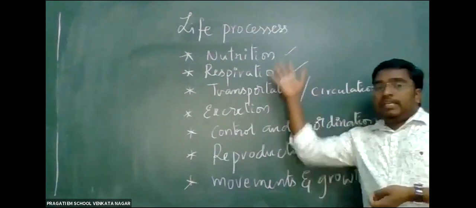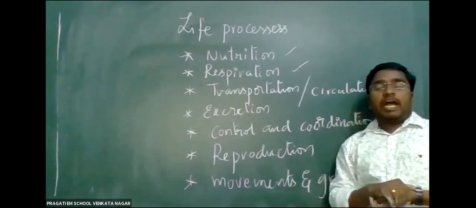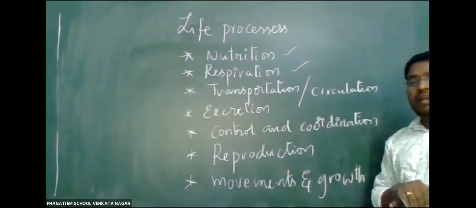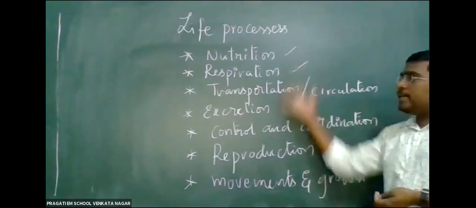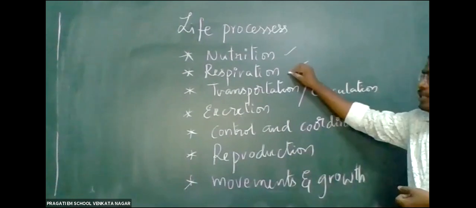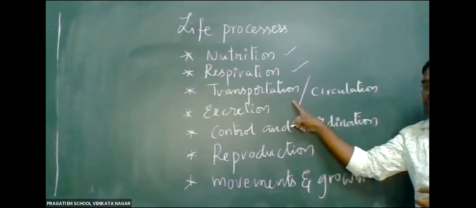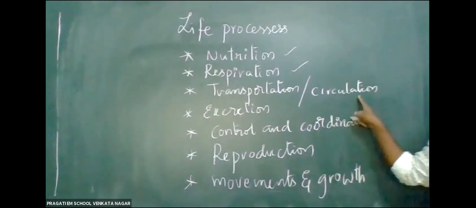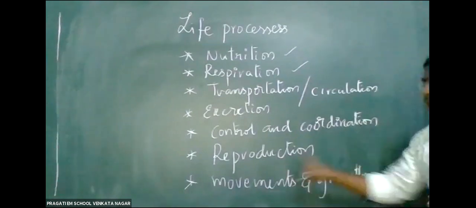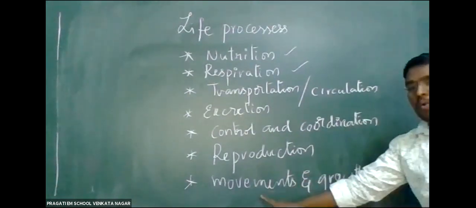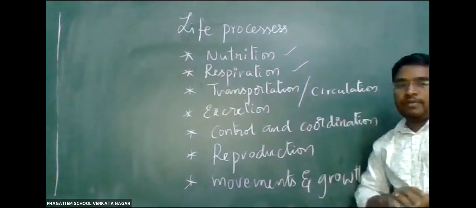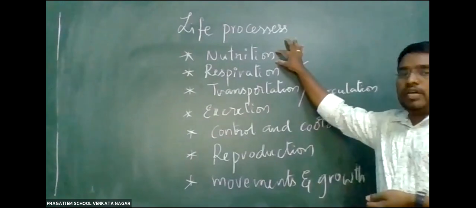So these are the main basic life processes: nutrition, respiration, transportation or circulation, excretion, control and coordination, reproduction, movements and growth. Let us see in brief. First one, it is about nutrition.